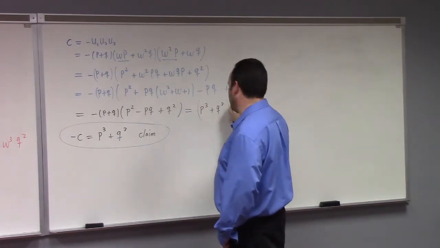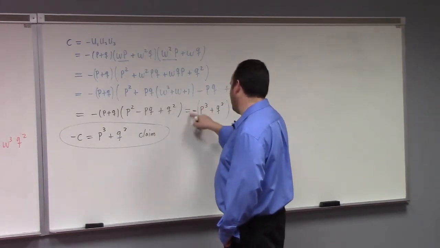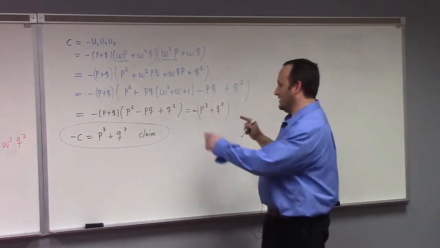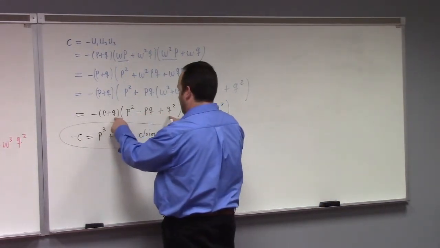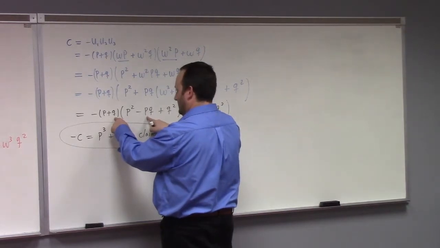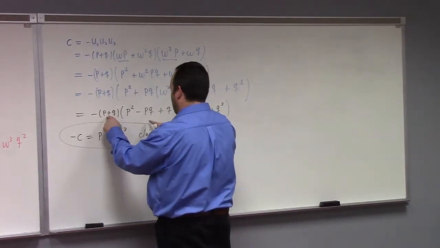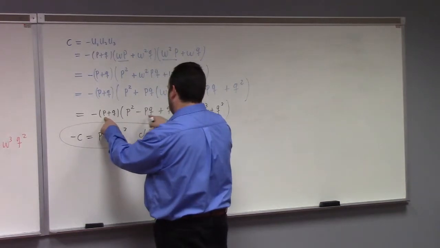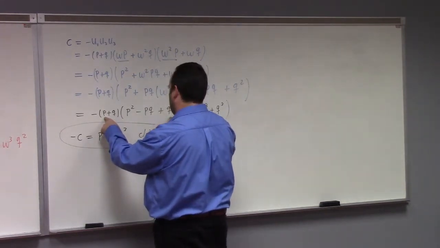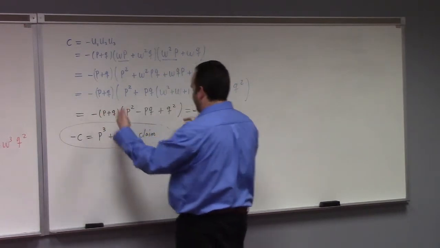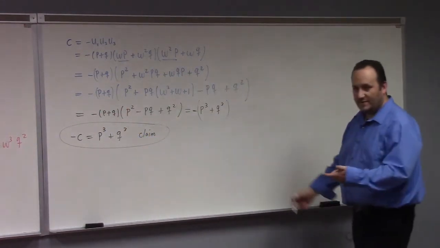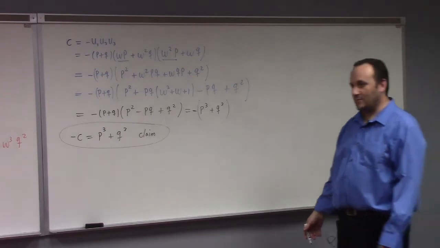So we get P cubed and then the minus P squared Q, but over here the stupid minus is messing with, okay, so let's see here, minus P squared Q plus QP squared, and then, yeah, so, right. Okay, well, we see that much.